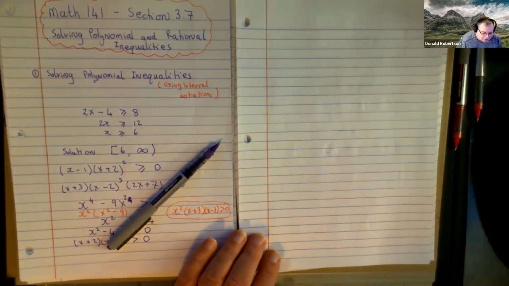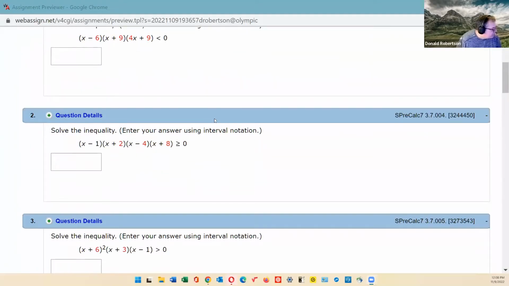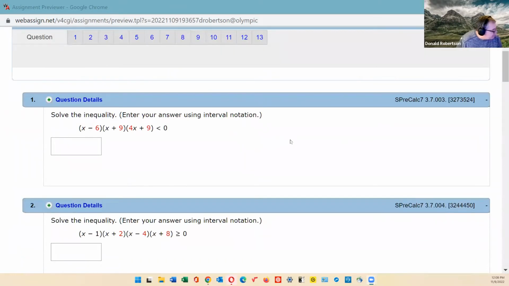So let me zoom over to the homework and I'll pick one. The good news, as far as I'm concerned, is that once you know how the process works, really the question just becomes, follow the process and you'll be fine.